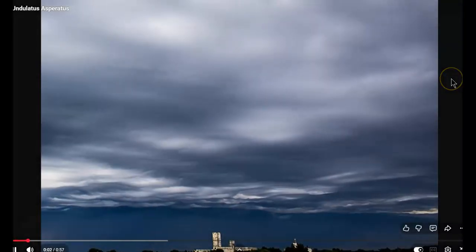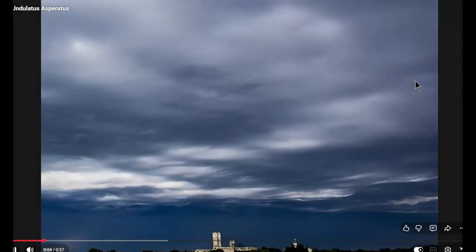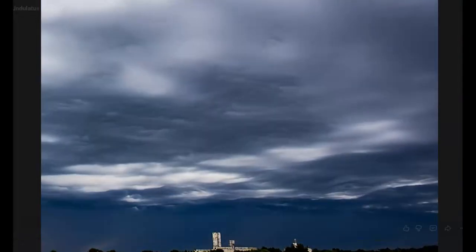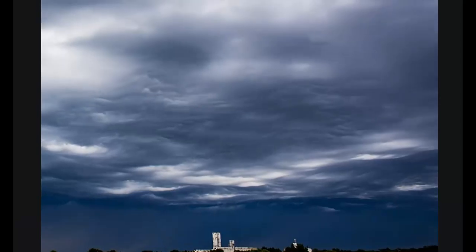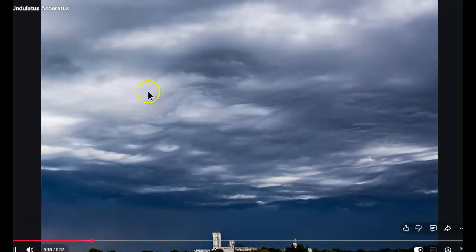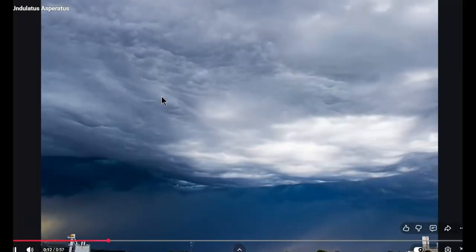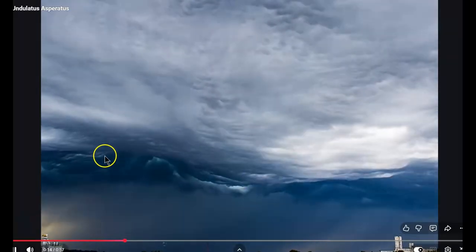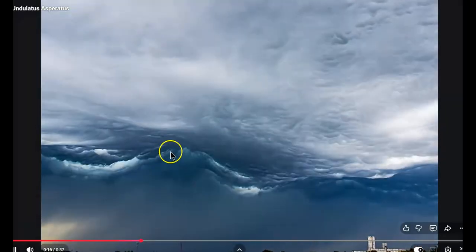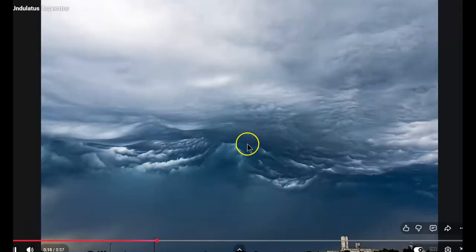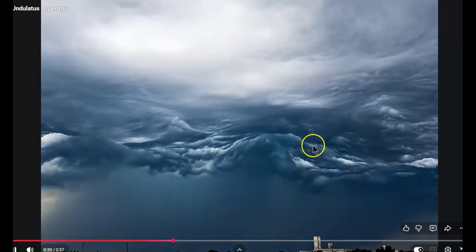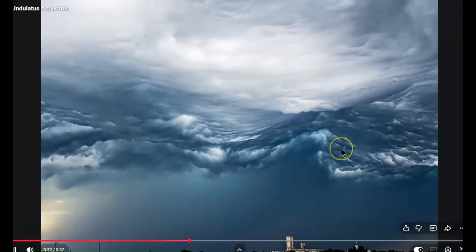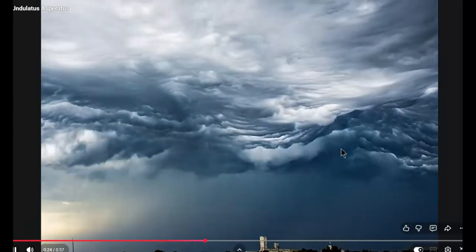So this is a perspective of us looking up at clouds that are nice and even. And if you notice, waves start to form. So imagine yourself as a fish looking up at the ocean as waves are breaking. Notice this wave is breaking across the surface of the ocean. And of course, this video is sped up.